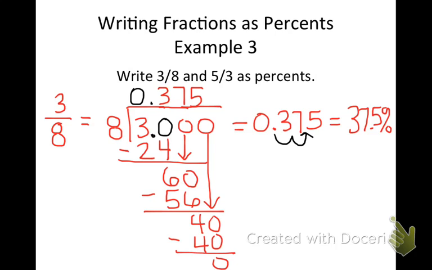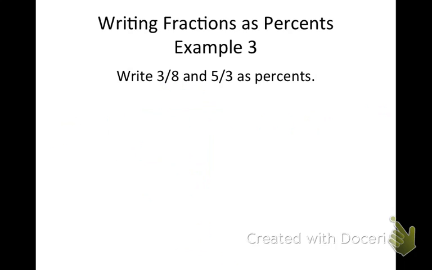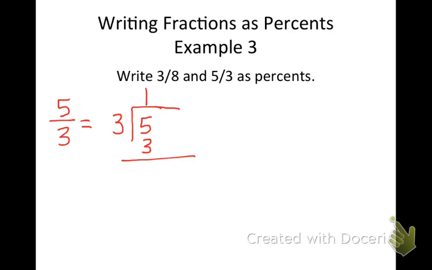Let's try 5/3. Write the fraction as a decimal. 5 divided by 3. 3 can go into 5 one time with 2 left over.